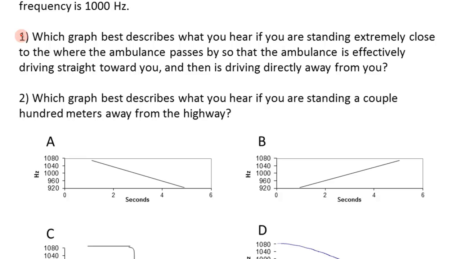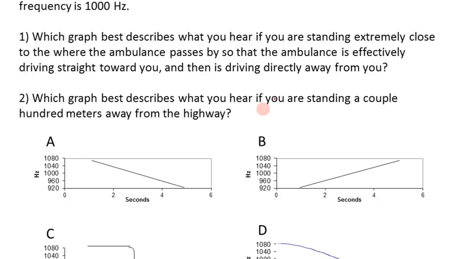In this case, one of the things we have to recognize is that with our Doppler shift, if the object is going directly toward you or directly away from you, there's no change in the observed Doppler frequency based on how far away the object is from you.